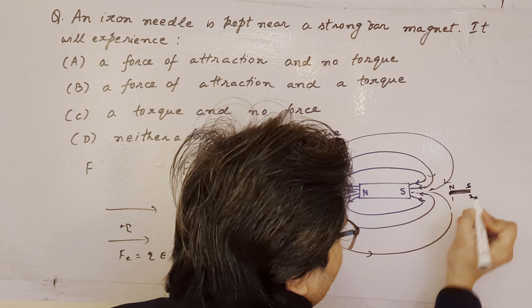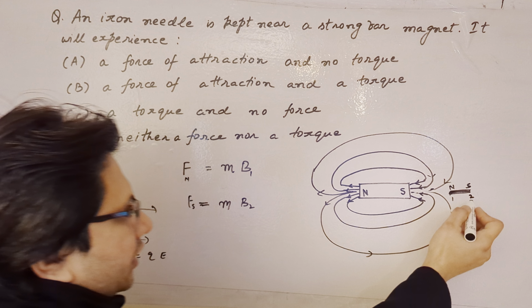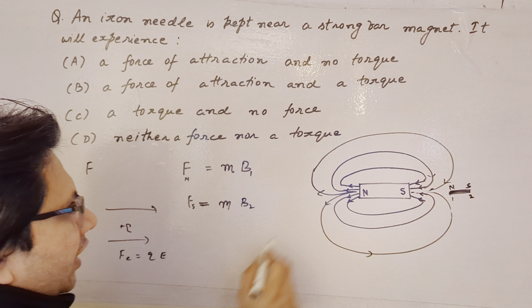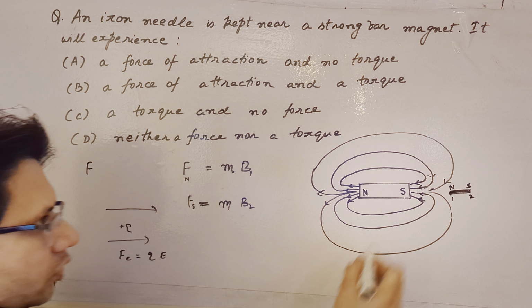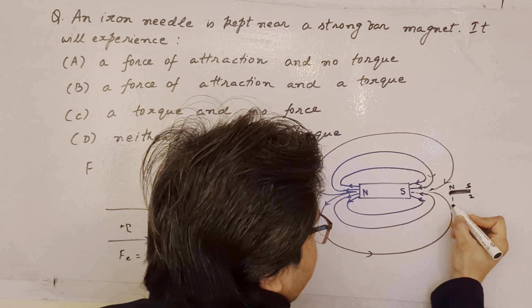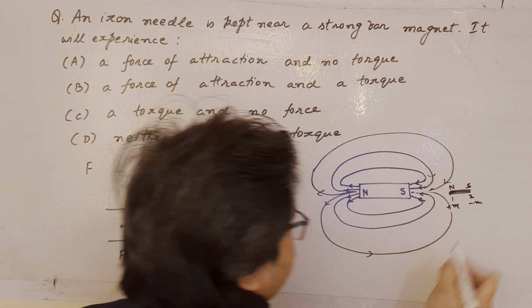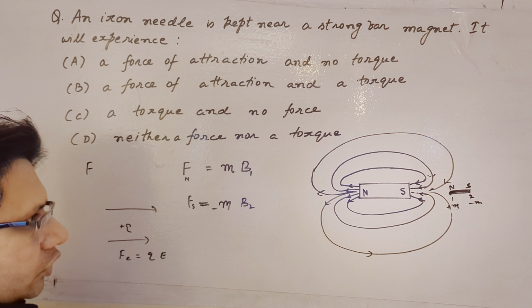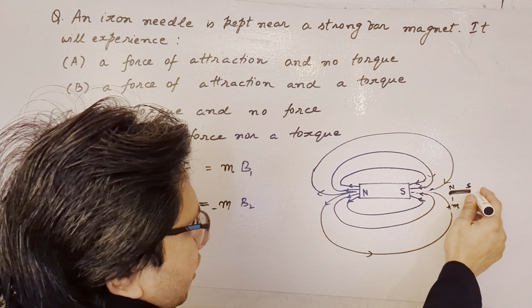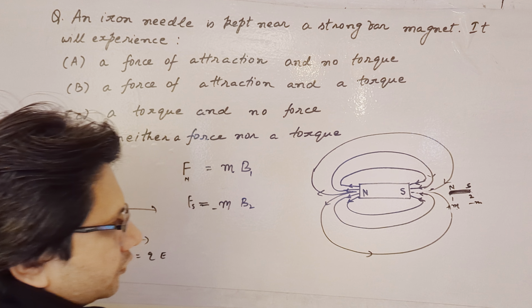Suppose this is point 2 and the field strength here is B2. M remains the same for the north as well as the south pole, but the polarity is different. This is plus M, this is minus M. In this way there is a force on the south pole also.